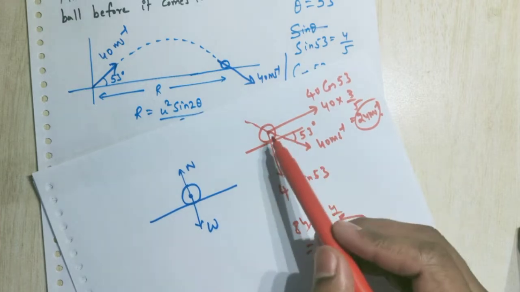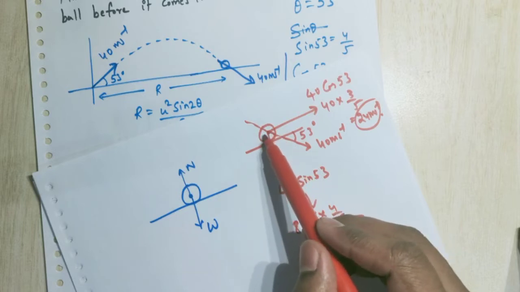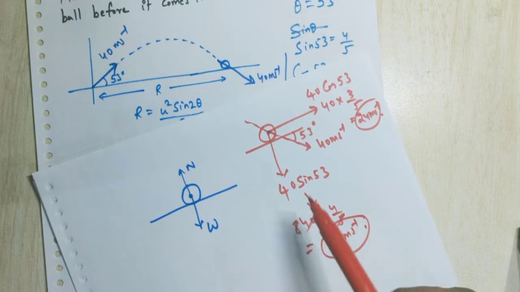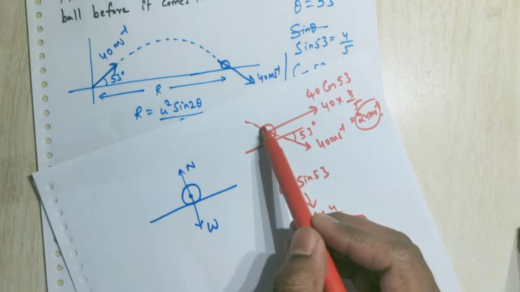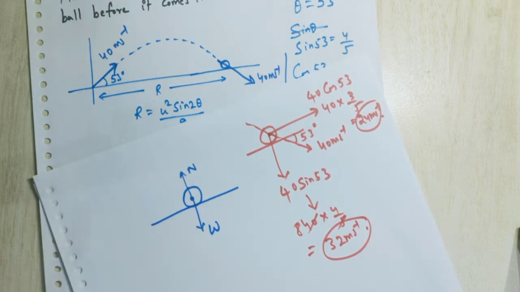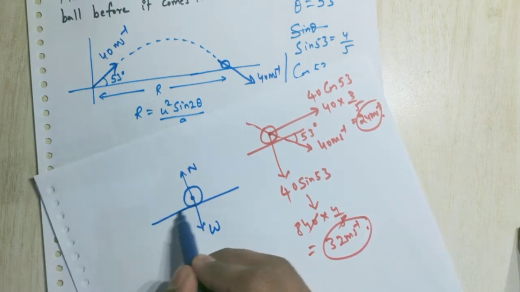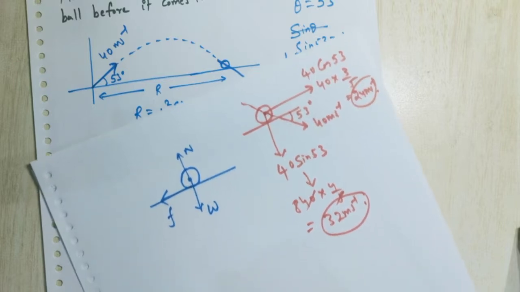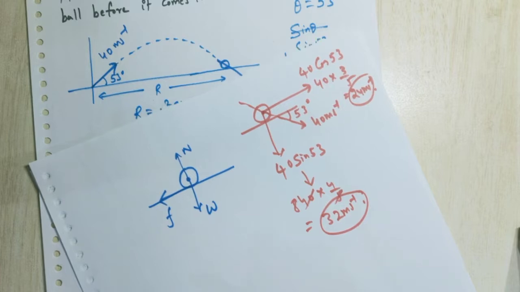Since the ball is having a horizontal component of velocity when it hits the ground, there is a tendency of relative motion in the forward direction, so friction will act in the backward direction, in this direction. And once again I'm saying this friction is not acting due to actual relative motion, it is acting because of the tendency of relative motion.